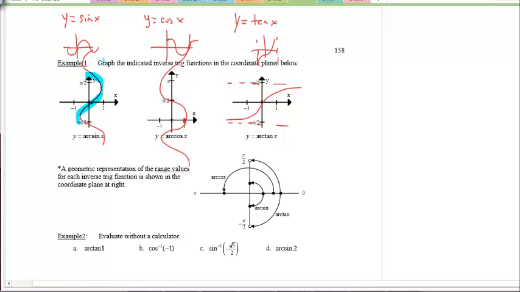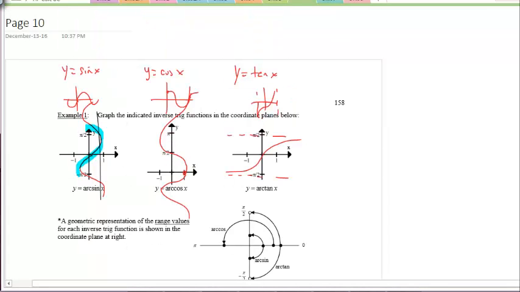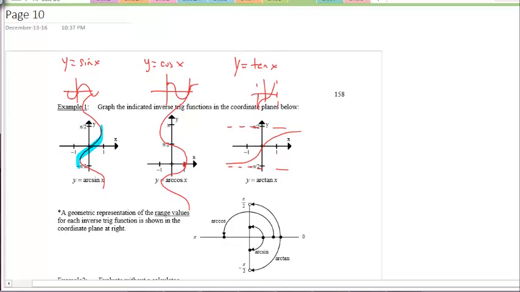If I kept more like over here, the problem once again is that vertical line test. Sorry, it cuts through two parts. That doesn't work. So once again, we need to just focus on the part of the graph in blue, which means arc sine has a range from negative pi over 2 to pi over 2. So I'm just going to give you a note here. Note the range. It's from negative pi over 2 to pi over 2, and we can include the end values.